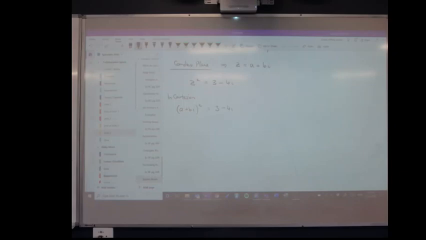If we have that z squared is equal to 3 minus 4i and we're asked to solve it, then we actually want to know what the value of z is. And we think there are two values. And the form that it's going to take is a plus bi. Now we don't know what a and b are. One might be 0, but if they're both 0, we're in trouble. But we're going to try and solve it. So any thoughts about how we might start?